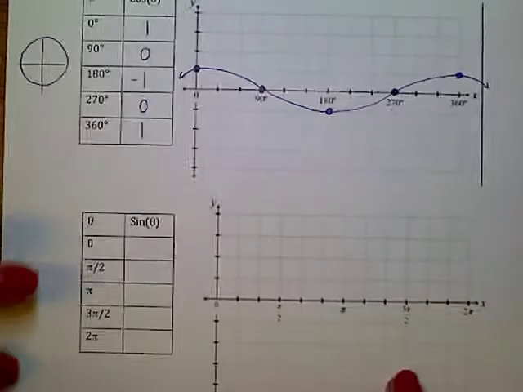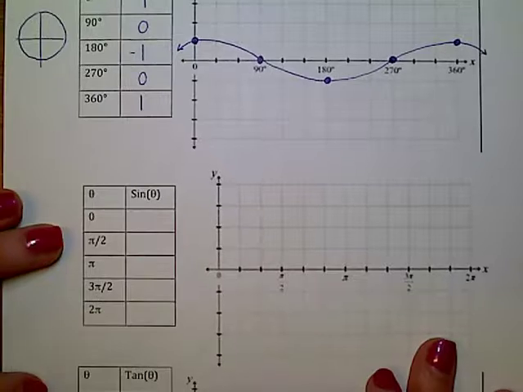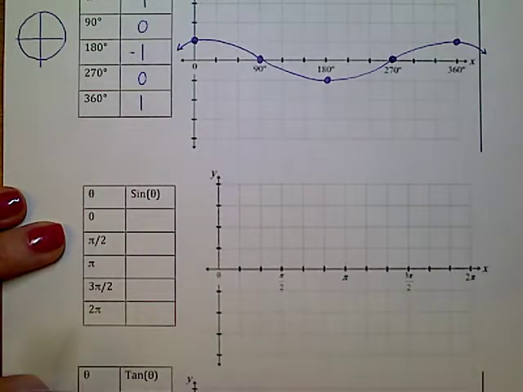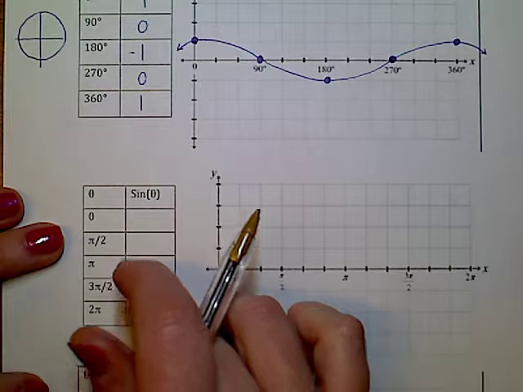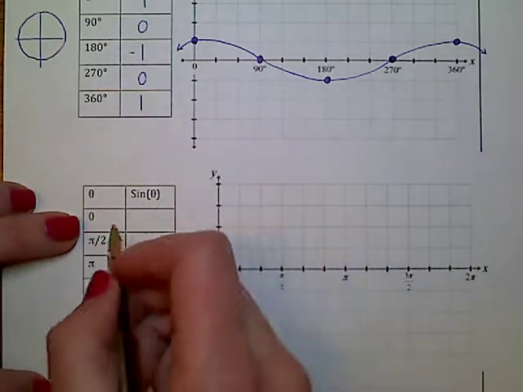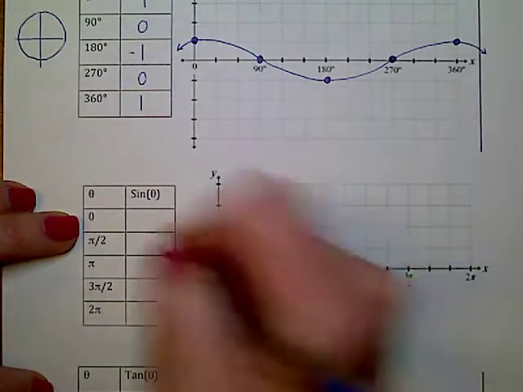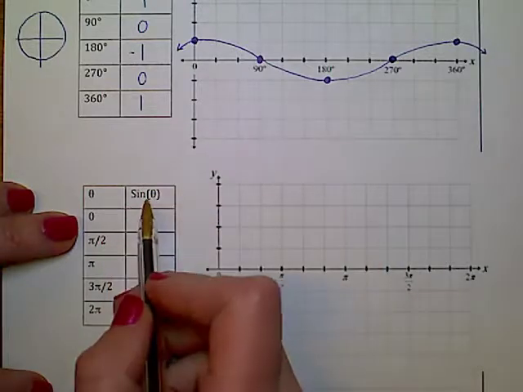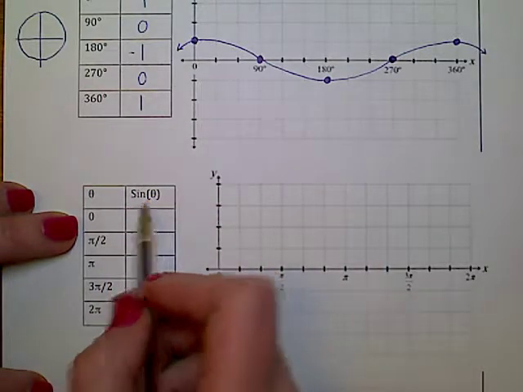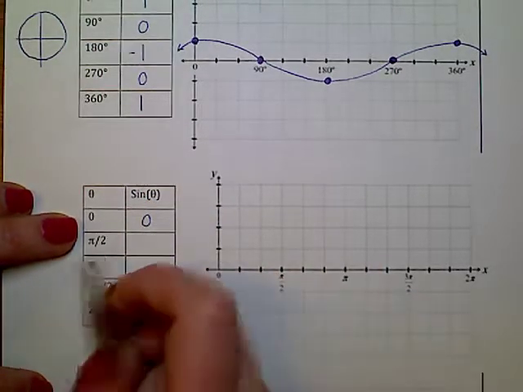When we look at sine, it's going to look very similar. We're going to fill out this chart. This time I went ahead and mixed it up. I did radians. So I do expect you to know how to graph these both in degrees and radians. So 0 radians, sine of 0 radians would be 0. That's like asking the y coordinate on the unit circle at 0 radians.